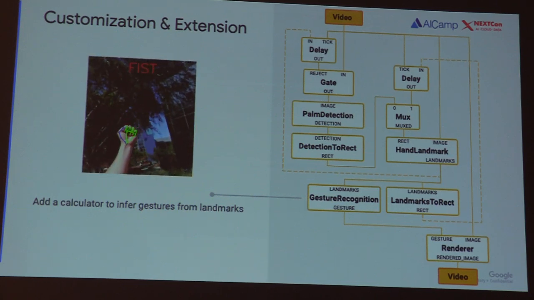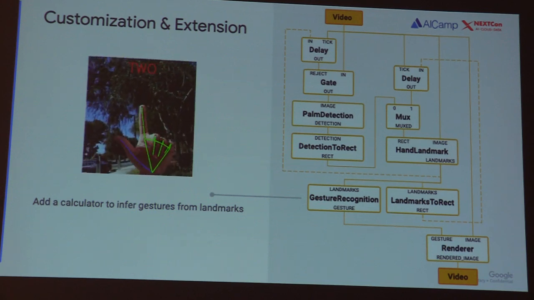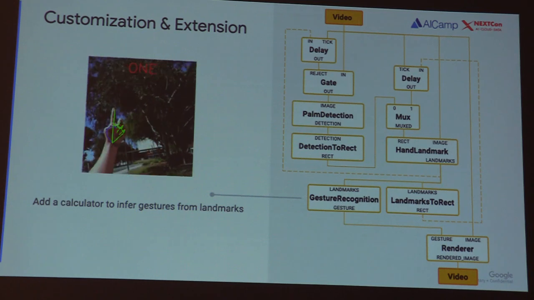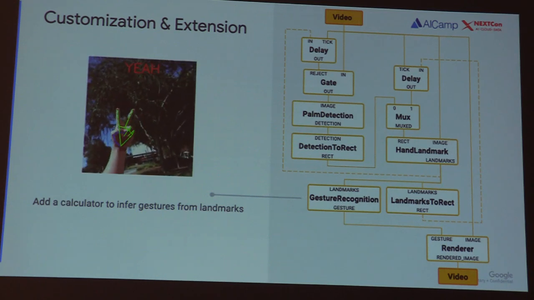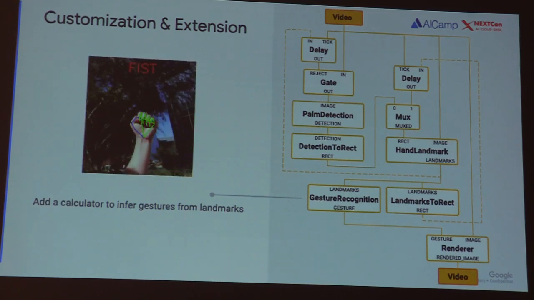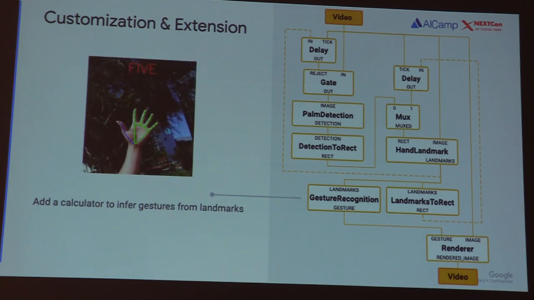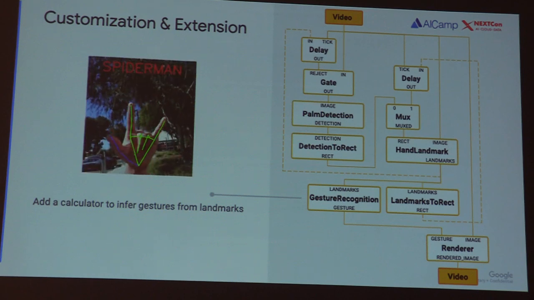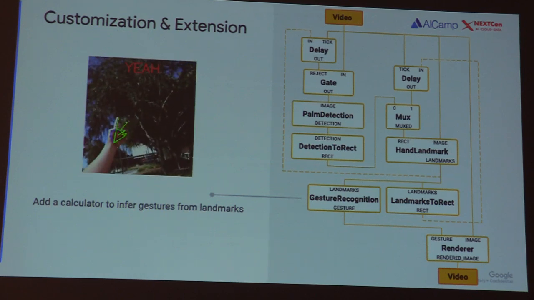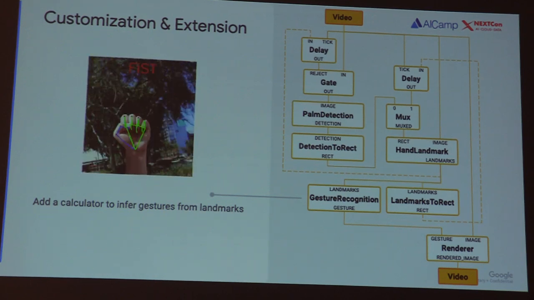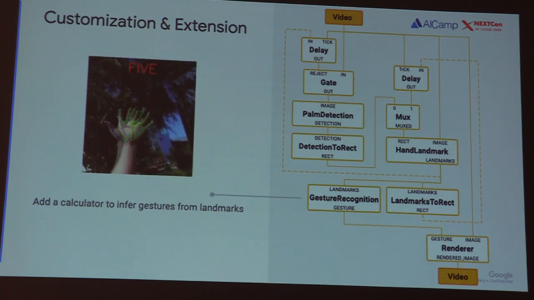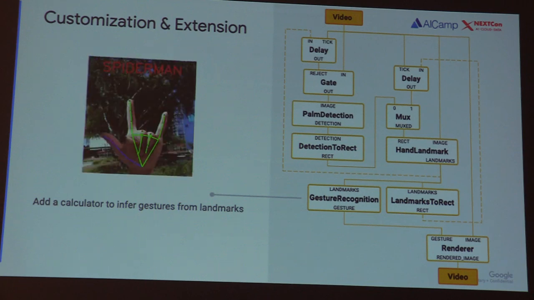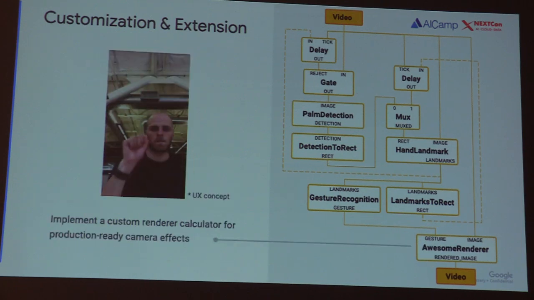We can train a neural network whose input is a very small number of features, one for each finger, and then output a gesture label. We've trained this, and this seems to work pretty well. So you can imagine that it can identify the geometry of hand landmarks and turn them into gestures.